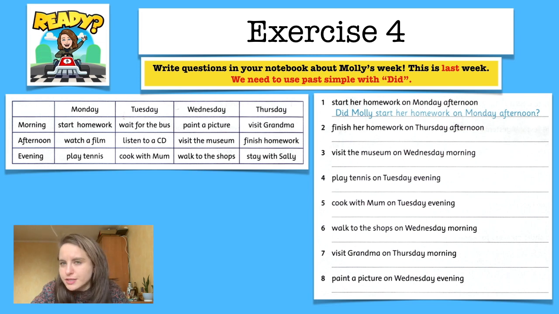Some of the questions do not match the chart, okay? So if you look, you'll see that she didn't. She started her homework on Monday morning, okay? It doesn't matter. Это не важно. Просто создавай вопросы, okay? Please make questions. Then we will go over the answers. Please pause the video now and do this exercise in your notebook. Please write exercise 4.